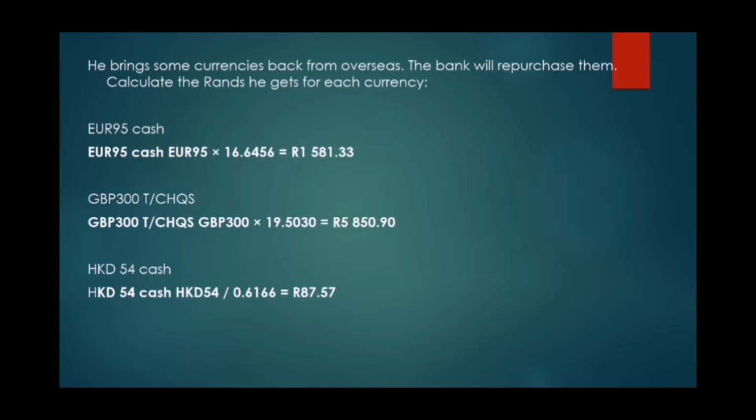So 95 euros times the bank buying rate, he will get back 1,581. He has 300 British pounds times the bank buying rate gives him 5,850, and then the Hong Kong dollars divided by the bank buying rate, he gets 87 rand 50 cents back.